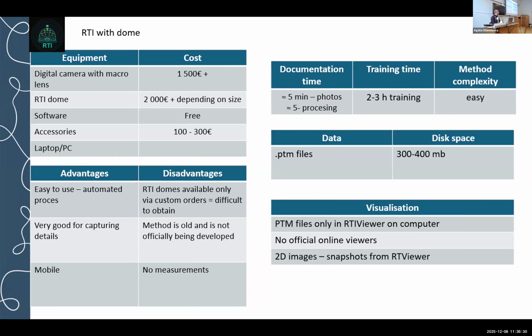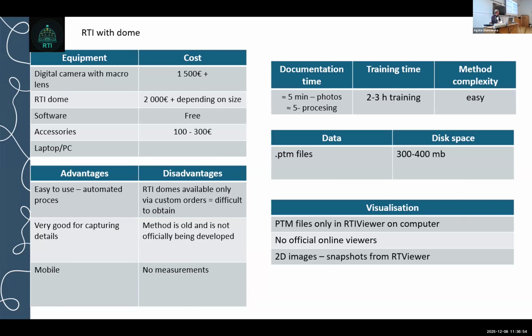So I think in a couple of years it will probably be impossible to use this software. So this is, I think, the biggest disadvantage of this method. And there are also no measurements. You can't measure any distances with this method. It's only for imaging.